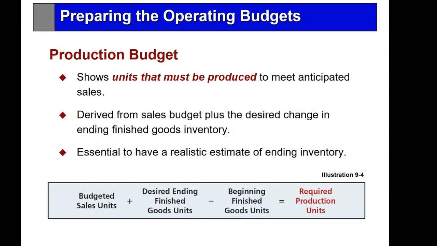However, the production budget is not as straightforward as the sales budget because we have to produce for inventory. So the production budget shows the units, just the units that must be produced to meet the anticipated sales budget.